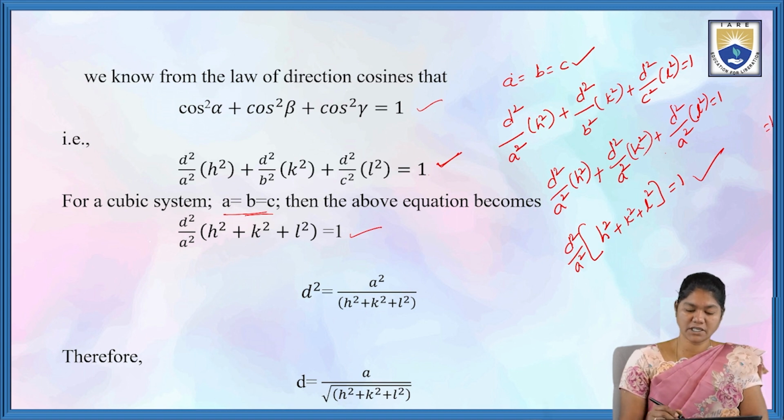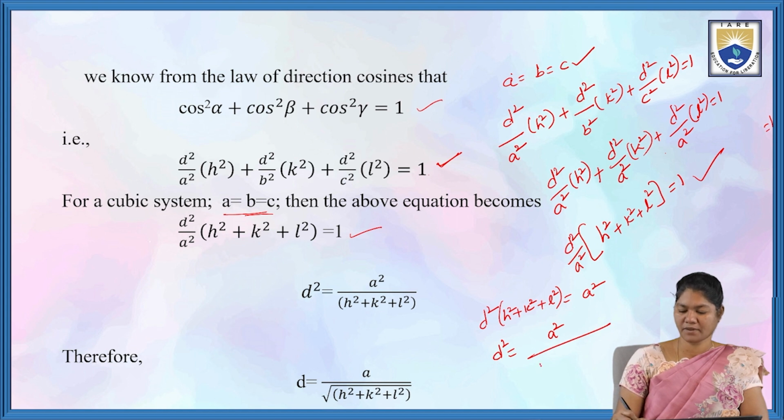So now we can simplify this one. d square is equal to a square by h square plus k square plus L square. So d square into h square plus k square plus L square is equal to a square. Then d square is equal to a square by h square plus k square plus L square.